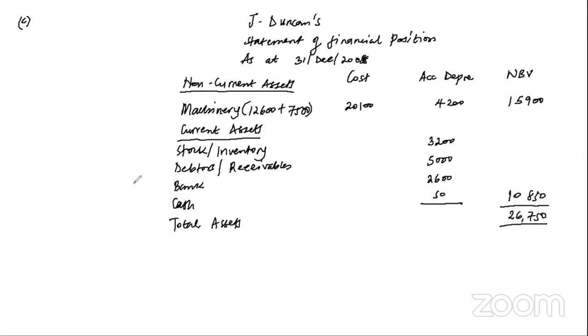Then, of course, after getting our total assets, we go to equity, or what we call capital. Equity and liabilities.